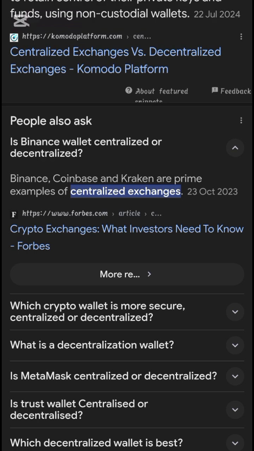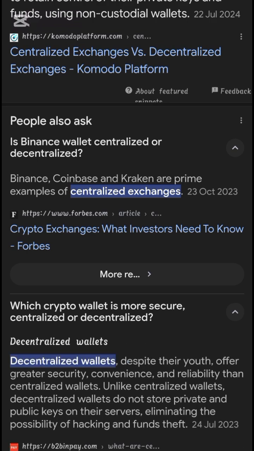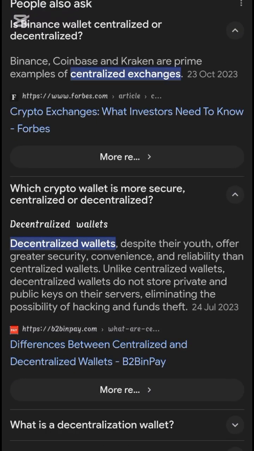Which of the two wallets is more secure, centralized or decentralized? We now enter and see that the decentralized wallet is more secure. Decentralized wallets, despite their youth, offer greater security, convenience, and reliability than centralized wallets.